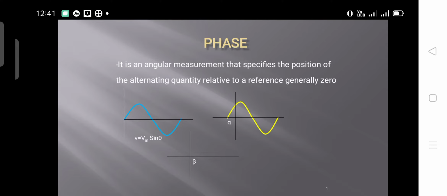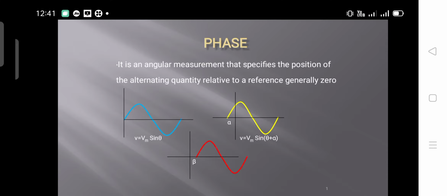And the second one, which is represented with yellow, is going to start at an angle alpha ahead from the origin, and the equation for this is given as V is equal to Vm sin of (theta plus alpha), and it will have some positive value which is equal to Vm sin of alpha at theta is equal to 0, and it will have its 0 value at theta is equal to minus alpha.